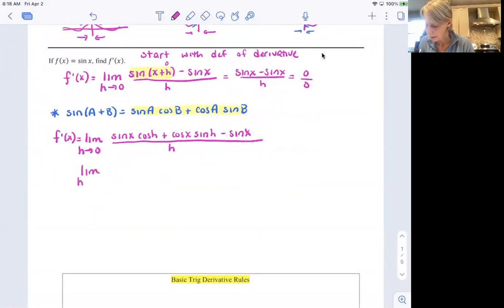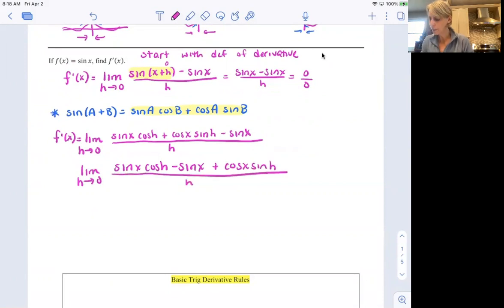Limit as h approaches 0, sine x cosine h minus sine x plus cosine x sine h all over h.